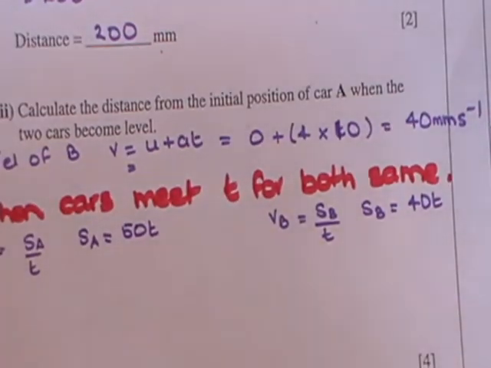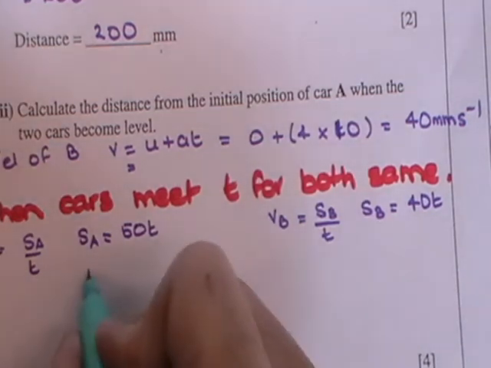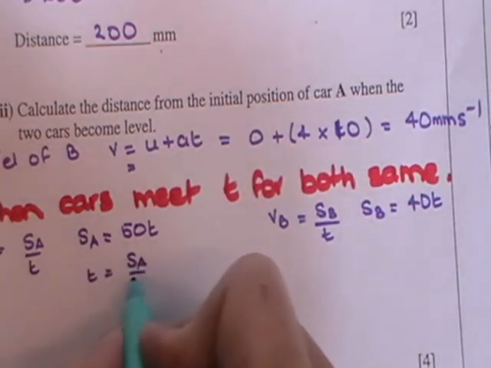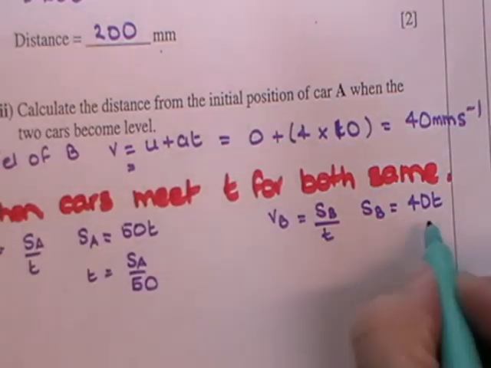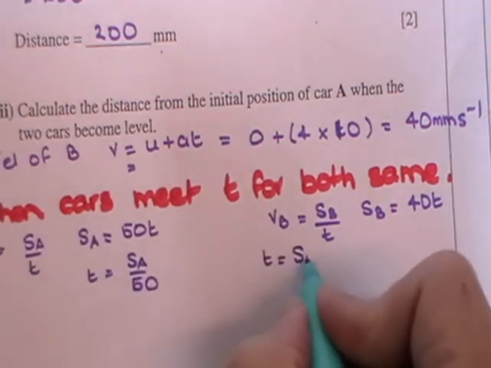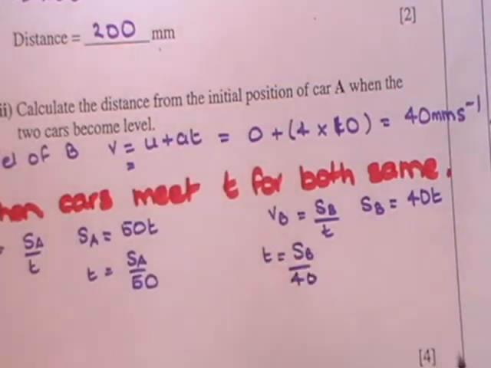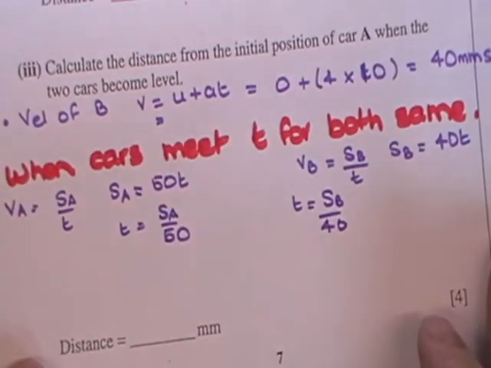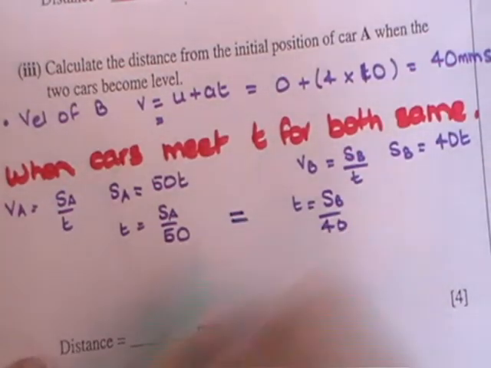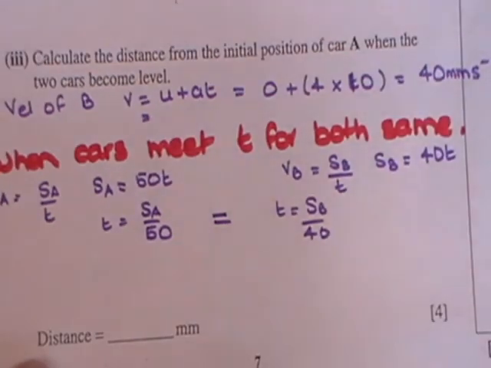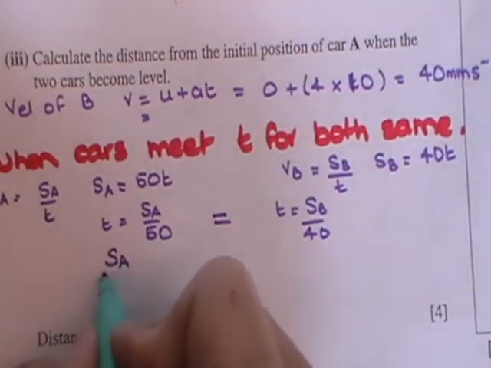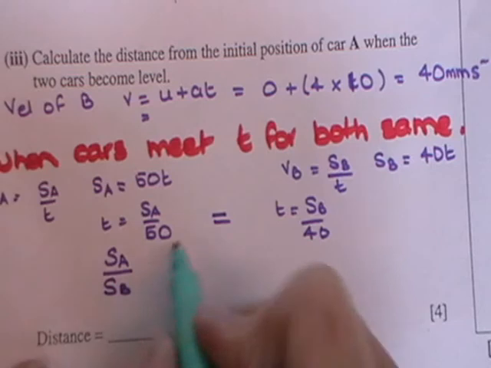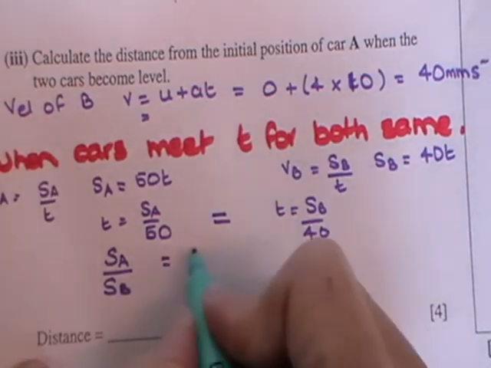And now what we can do is rearrange those in the form of T and put them equal to each other. So T is equal to SA over 50, and then on this side, T is equal to SB over 40. So we're going to put those equal to each other and look at the ratio of them. Therefore we can say that SA over SB, those are displacements again, is equal to 50 over 40.